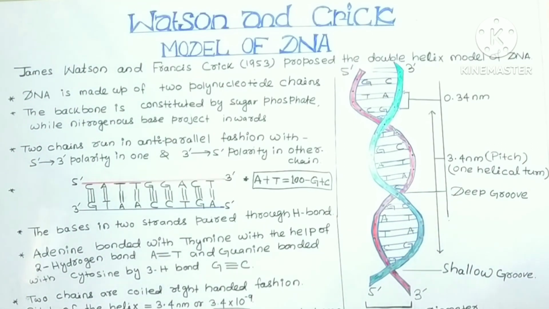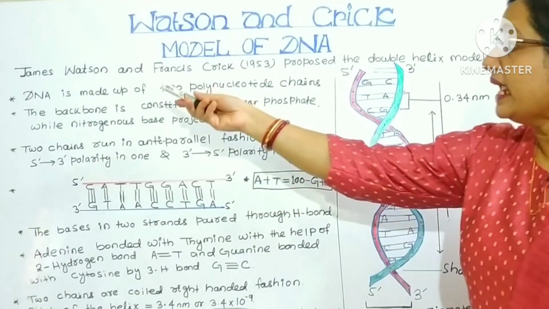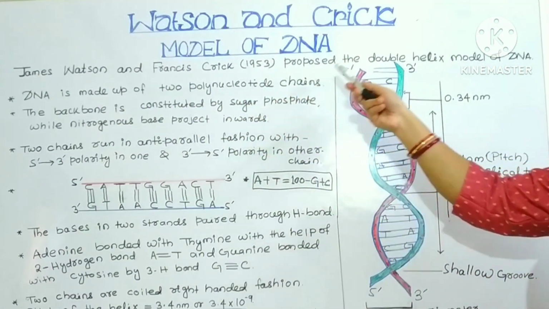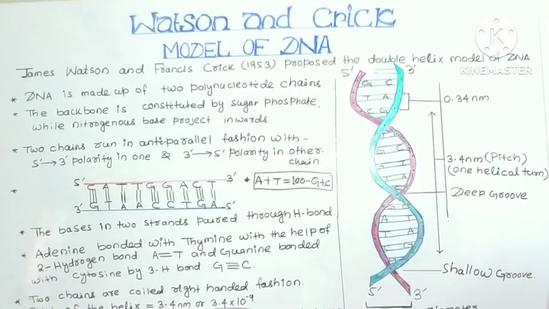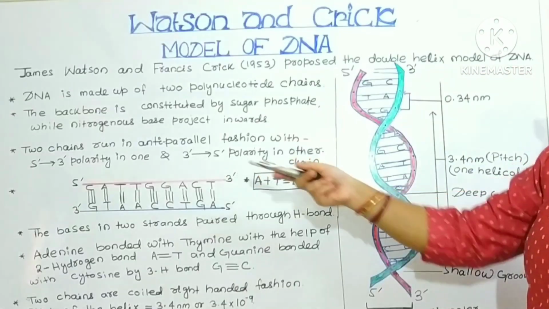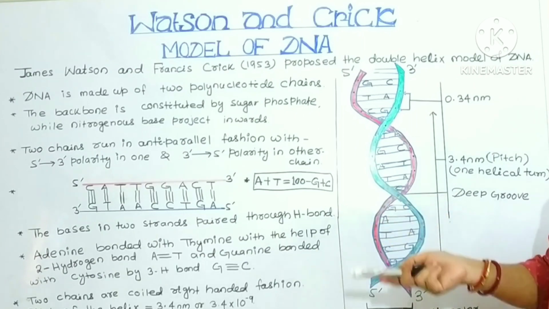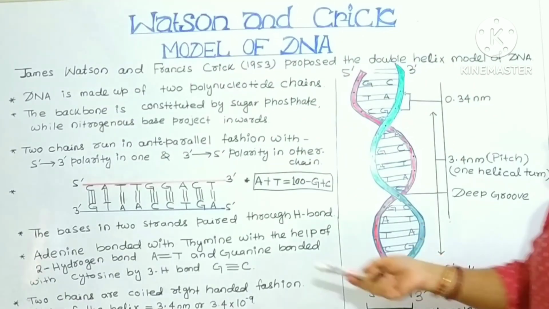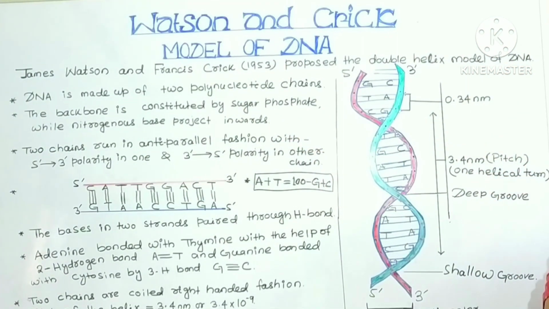Let's see the features that Watson and Crick proposed. DNA is made up of two polynucleotide chains. We have already discussed this. You can watch the previous video for a better understanding of the polynucleotide chain. The backbone is made of sugar phosphate.